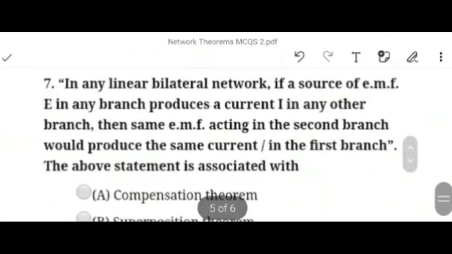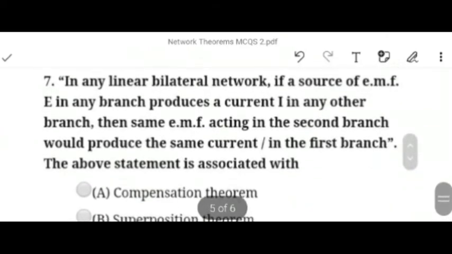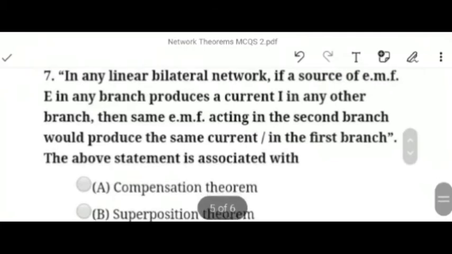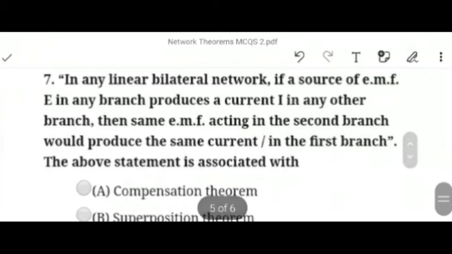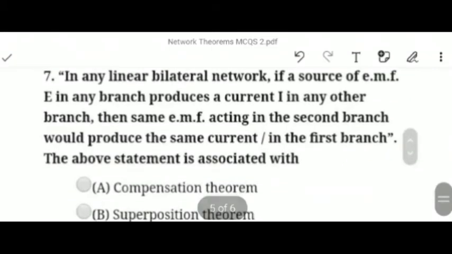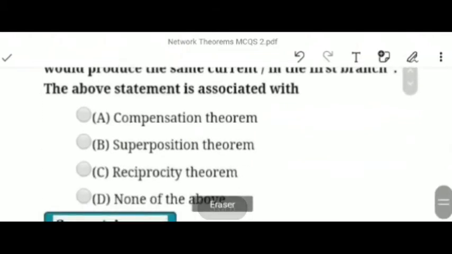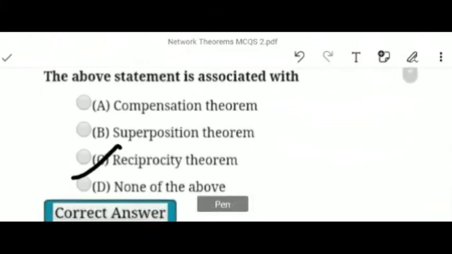So we should know that this is the reciprocity theorem. Option C will be the correct answer, reciprocity theorem.